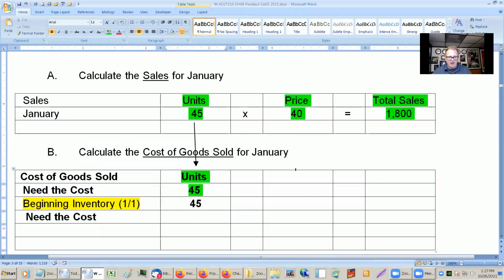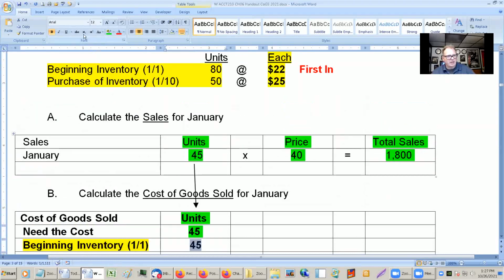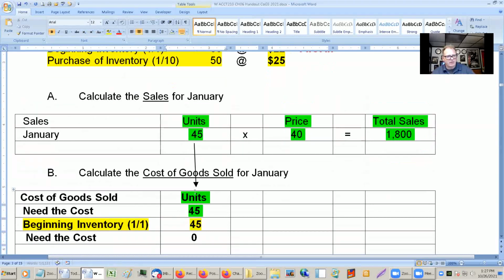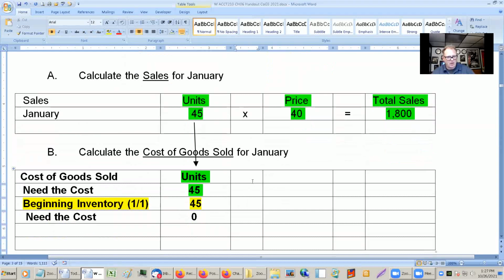It'll come into play later on, but we don't need the cost for any more. We got all of them from that layer that we need. So we're going to take all of those 45 from that first layer, and this will be cost.